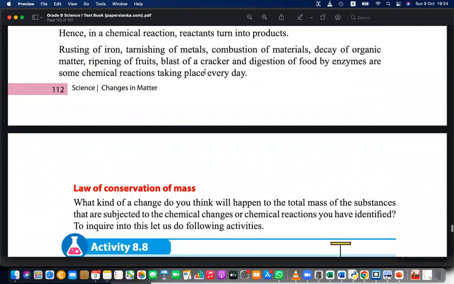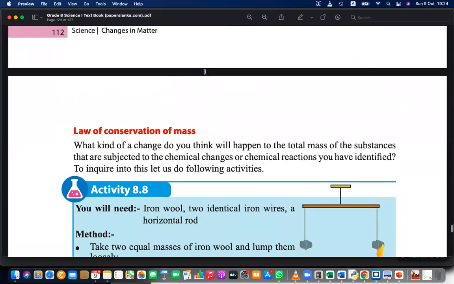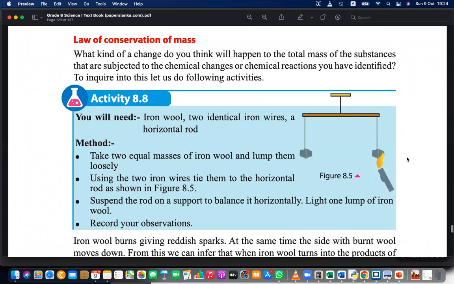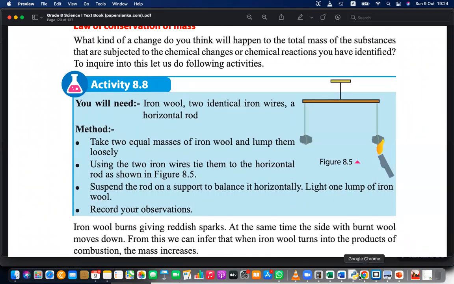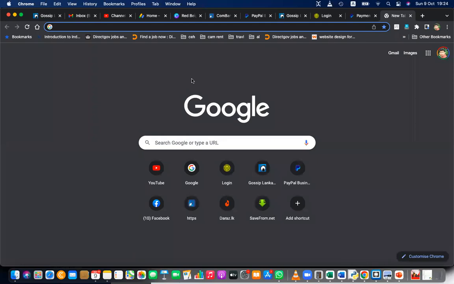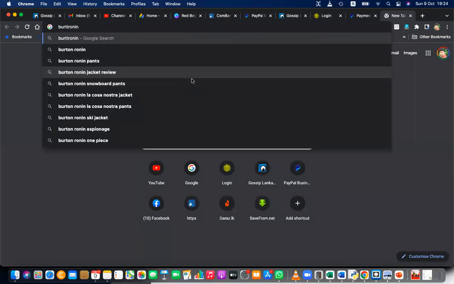So when you burn this iron wool in the environment, what will happen? Similarly, it will react with oxygen and it will create ferric oxide. Right? So that is what happened when you burn iron in the air.